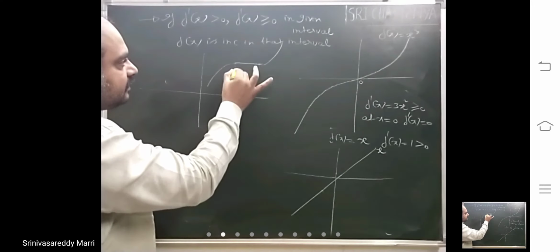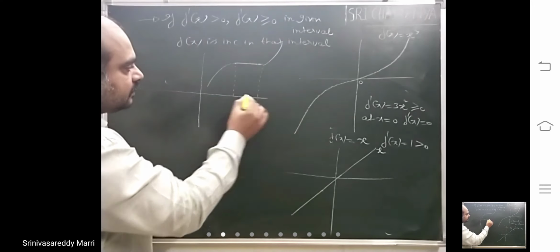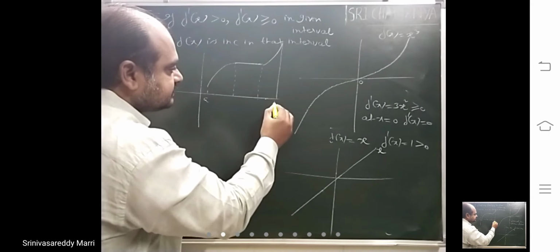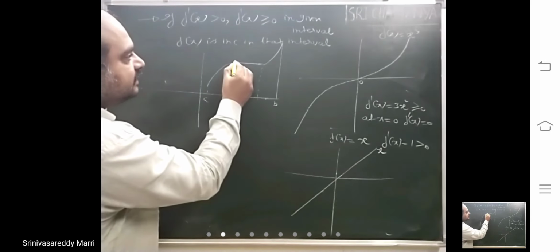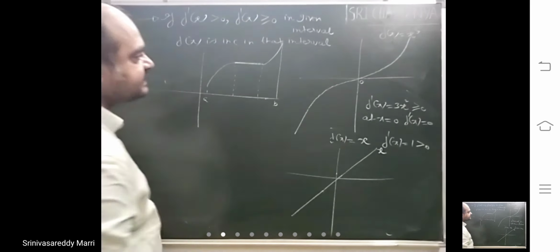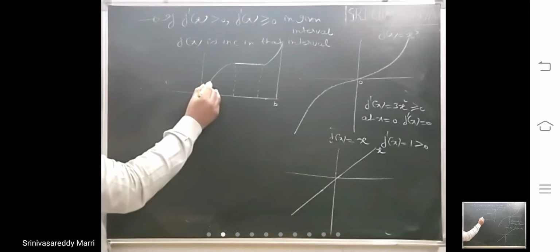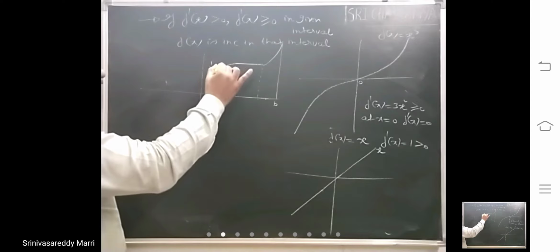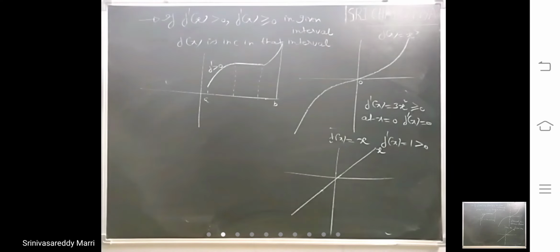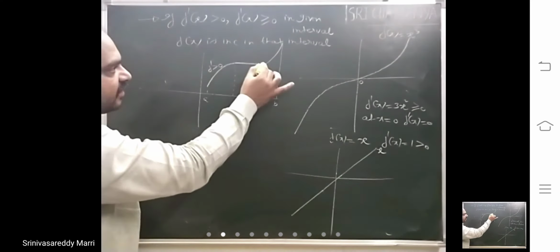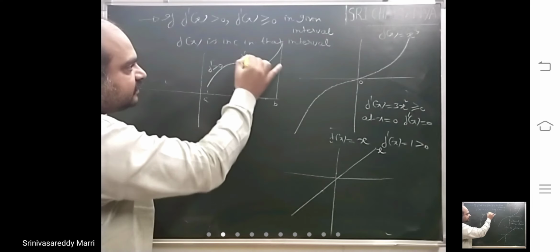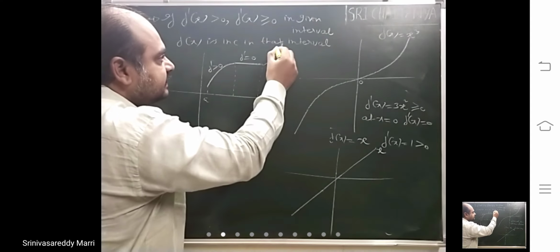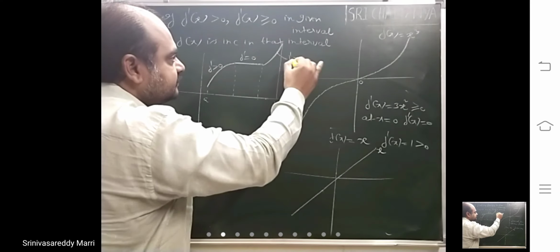Yesterday I told you, from A to B the function is like this. So the graph is parallel to the x-axis here. From here to here it is increasing, derivative positive. From here to here it is constant, so the derivative will be 0. From here to here it is again increasing, so again the derivative is positive.